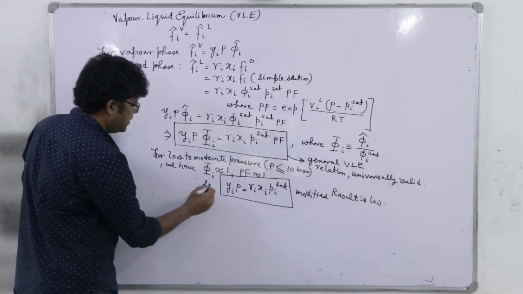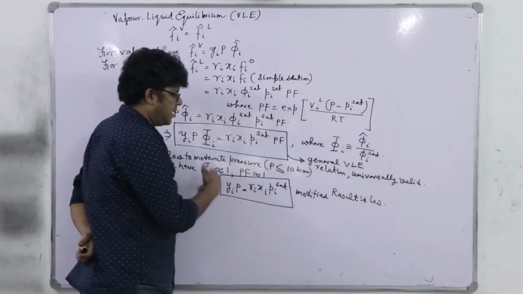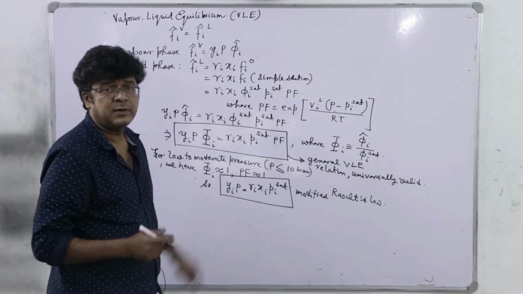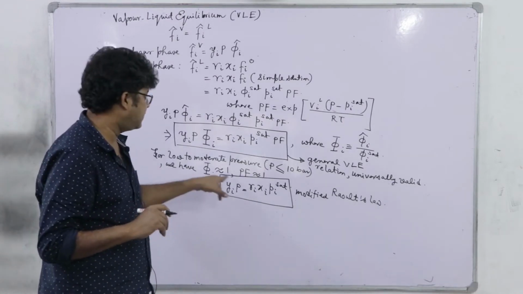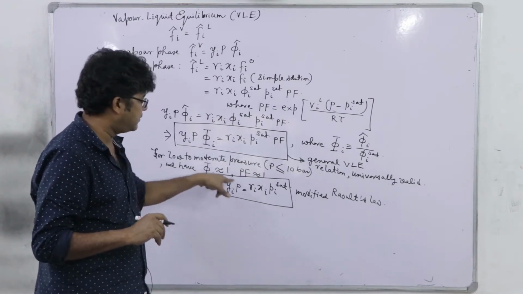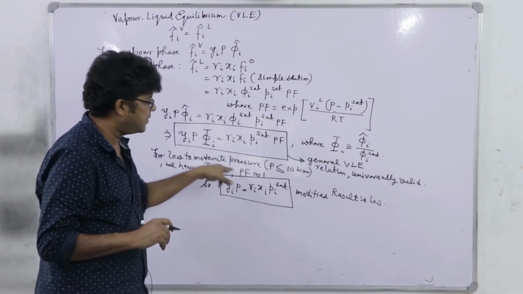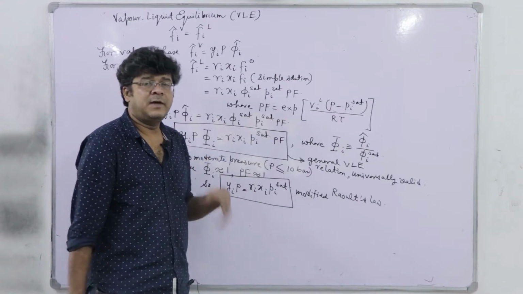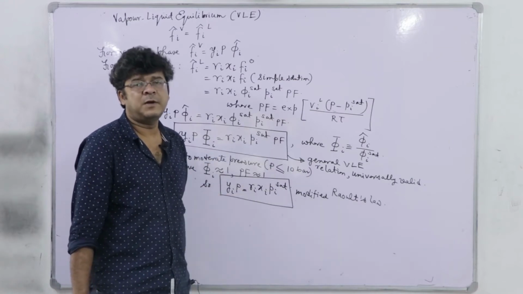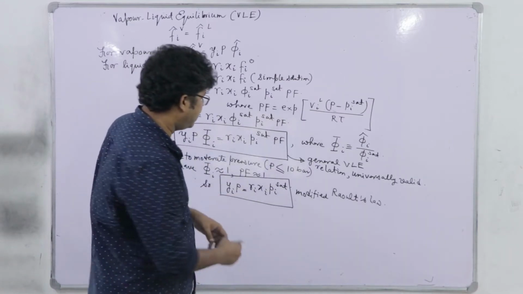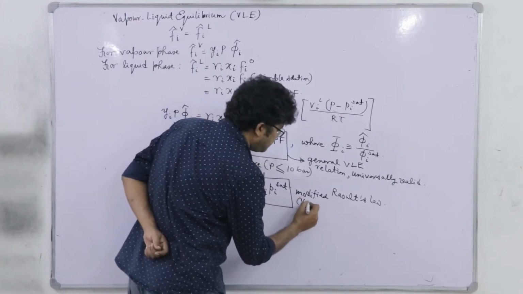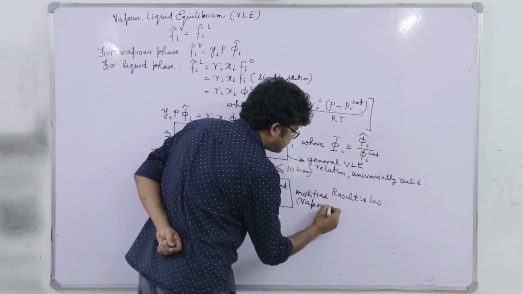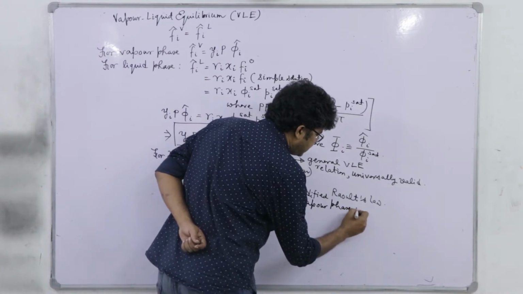Right? Further, in the modified Raoult's law paradigm, you can understand the liquid phase is considered non-ideal, whereas the vapor phase is ideal, because this must be the vapor phase fugacity, which is equal to partial pressure, and we know that when fugacity is the same as partial pressure, it's nothing but an ideal gas mixture. So the vapor phase is ideal.